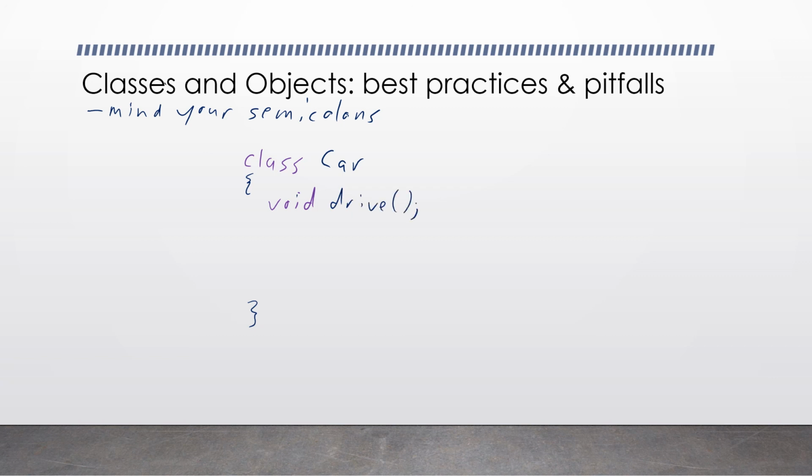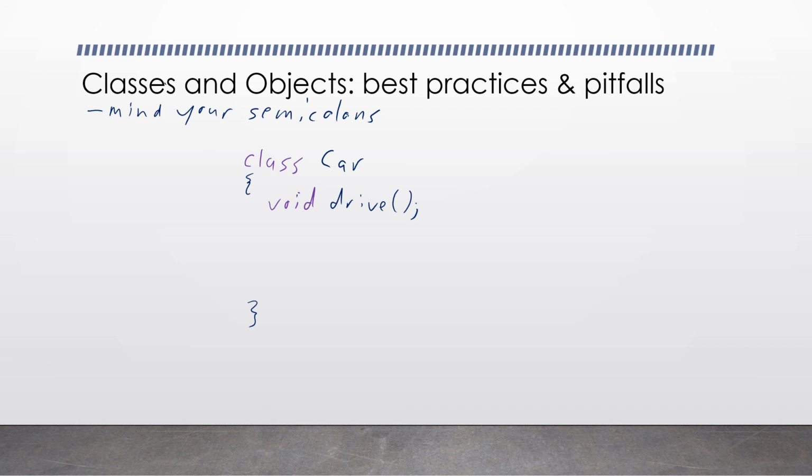But you put a semicolon at the end of it to indicate to C++ that you're not defining the function right now. You're going to somewhere later come in and Car::drive and define your function there. Okay.